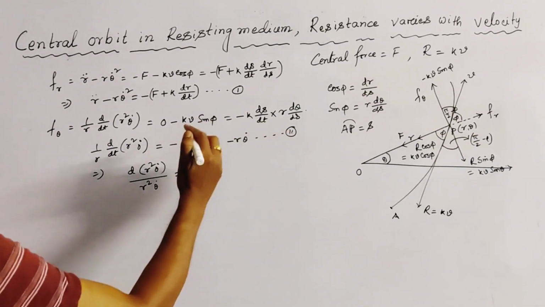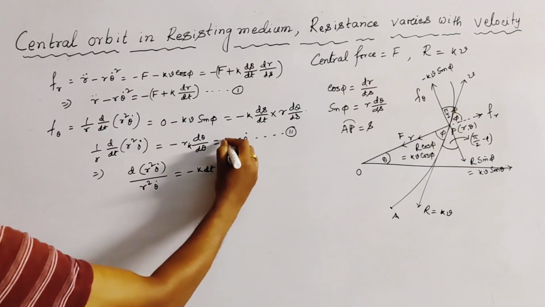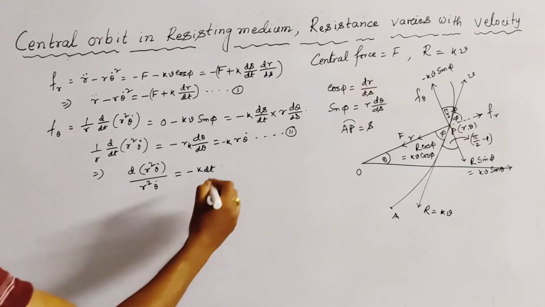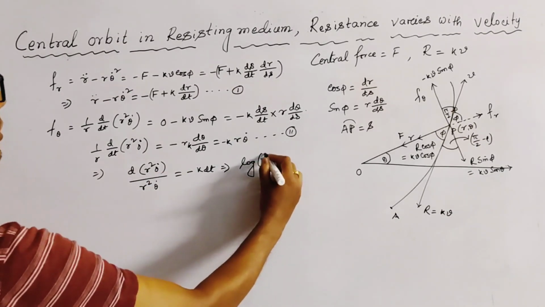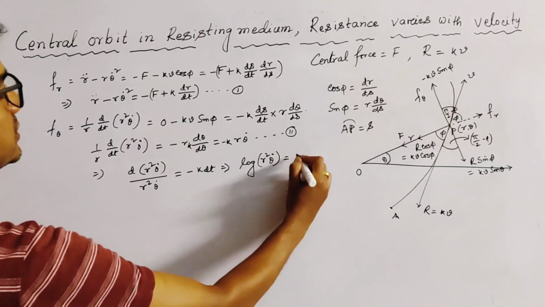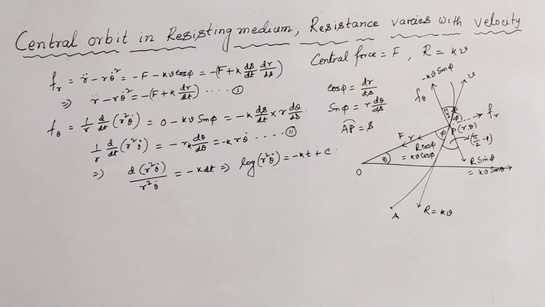There is a constant k here. By integrating we get log of r square theta dot equal to minus kt plus c.